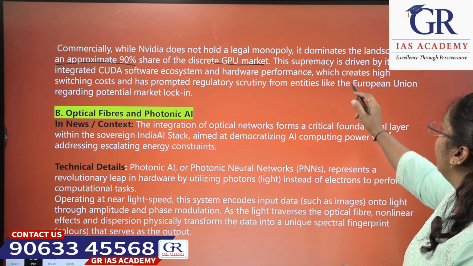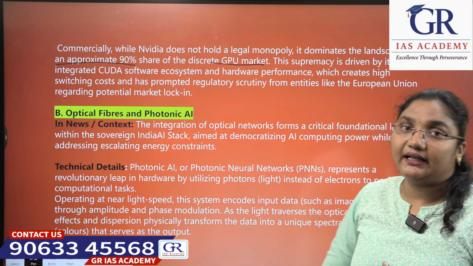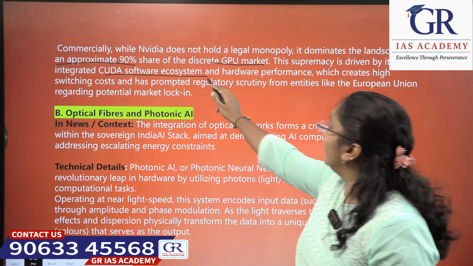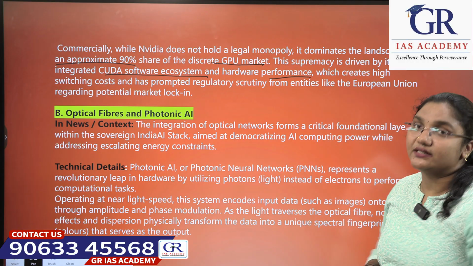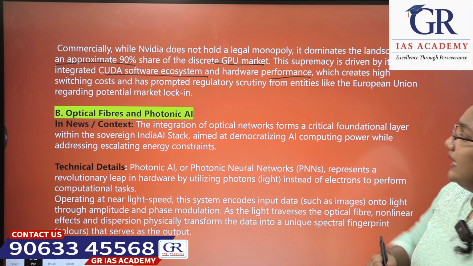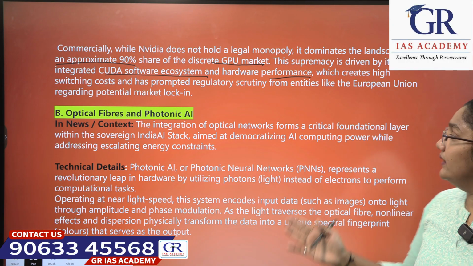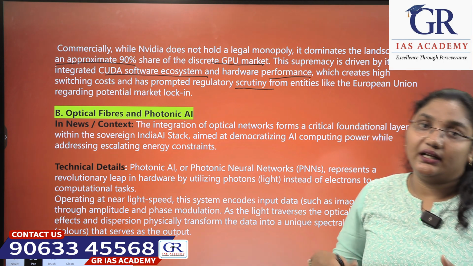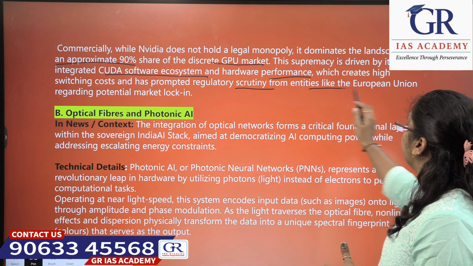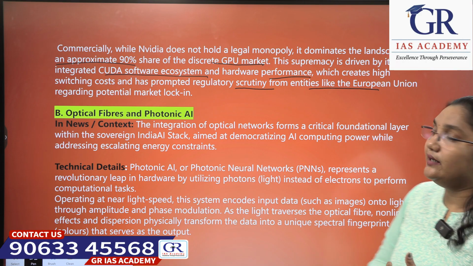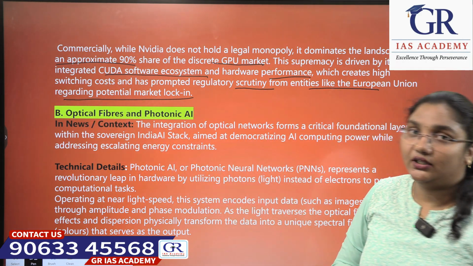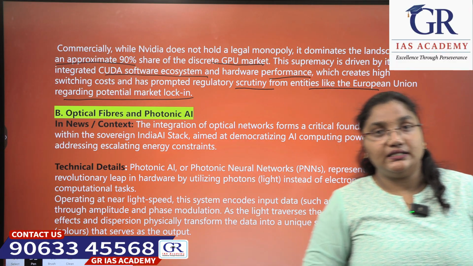This supremacy is driven by the deeply integrated CUDA software ecosystem and hardware performance, which creates high switching costs and has promoted regulatory scrutiny from entities like the European Union regarding potential market lock-in. That is about the GPUs.